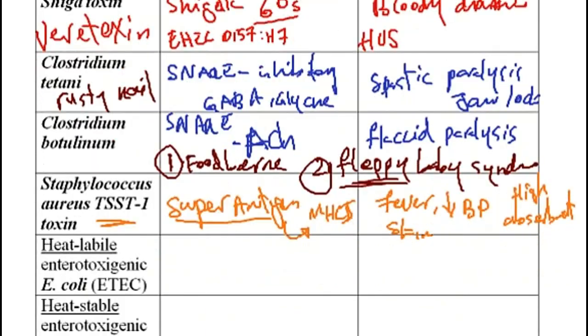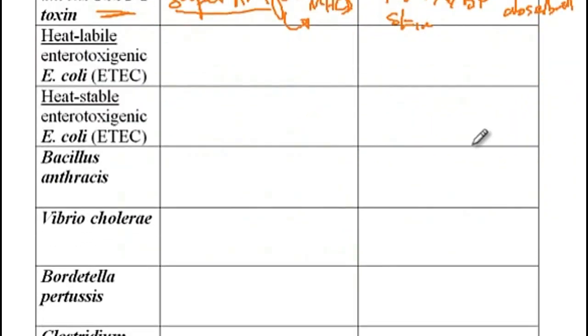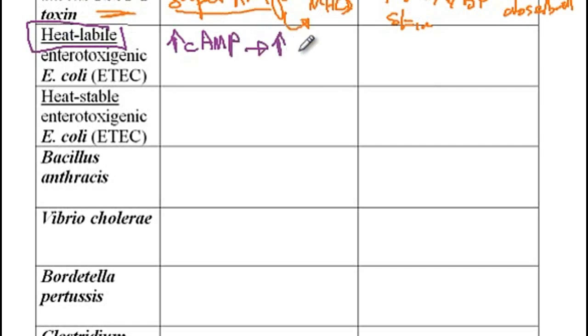The next two bacterial toxins are produced by enterotoxigenic E. coli, or ETEC, and there are two different forms of toxin that are produced by this type of bacteria. One is the heat-labile, which will increase the cyclic AMP, as a consequence of which it increases the chloride secretion inside the gut, and thus there would be water efflux, and thus it causes watery diarrhea.